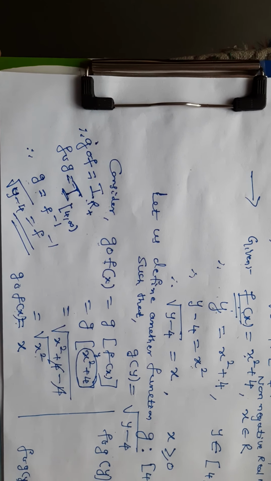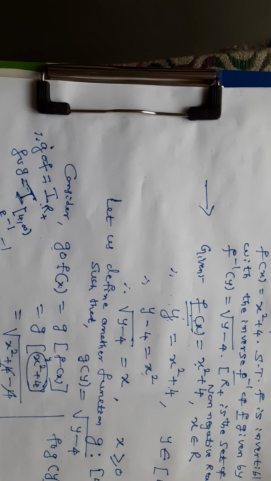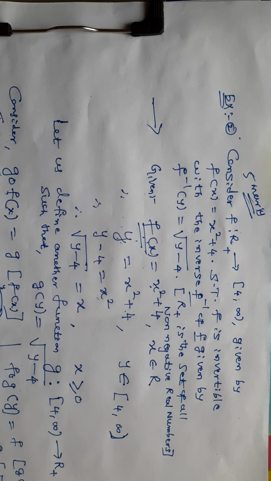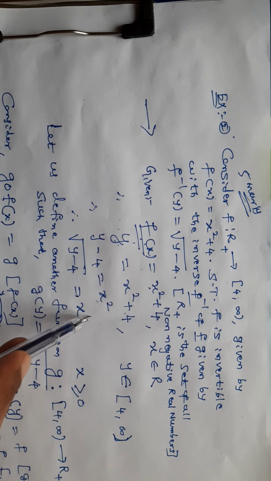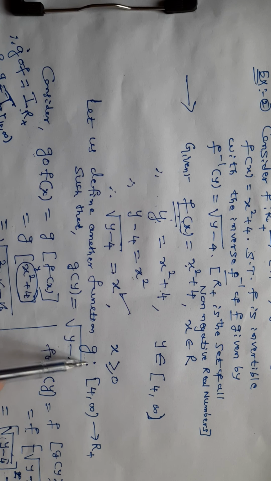Once again, go through this definition and all these things and slowly work out the problem. First we have to solve for x. Then you define another function g from 4 comma infinity to R plus as g of y.